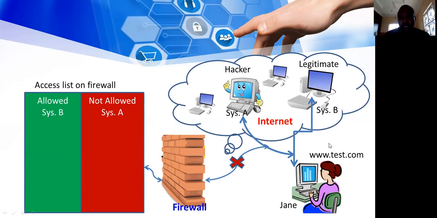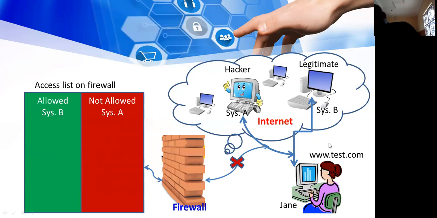So the attacker can tap into the network and eventually succeed in getting information that Jane is trying to access. So in this kind of scenario, there is need for something that can prevent system A, in this case the hackers, from accessing the communication of Jane or tapping into it.